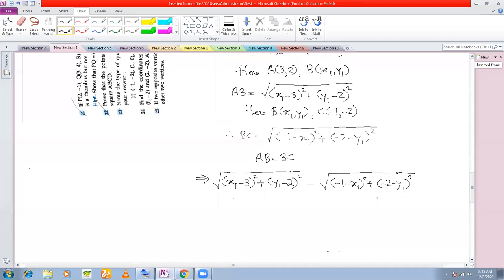So in order to remove the radical, you square both sides. Squaring both sides, we get, you can remove the radical.